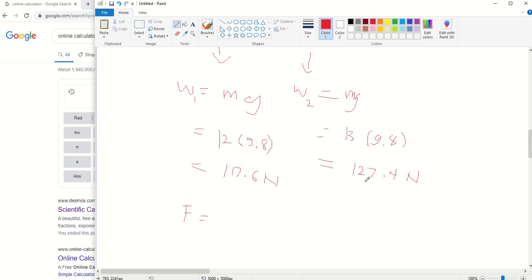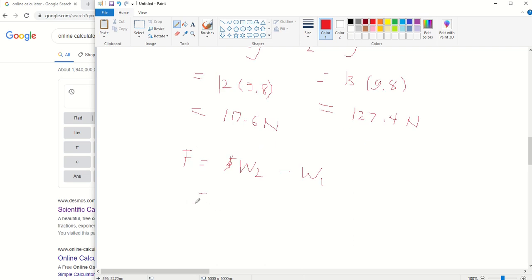So, force sub 2, weight sub 2 na lang, W na lang, weight sub 2 minus weight sub 1. So ngayon, weight sub 2 natin is 127.4 minus 117.6.